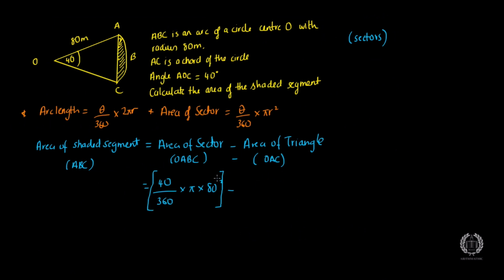Minus the area of the triangle, which, because this is not a right angle triangle, is half AB sine C. So we do half times 80 and 80, because if this is 80, this is also 80 because it's a radius, times sine the angle, which is 40.